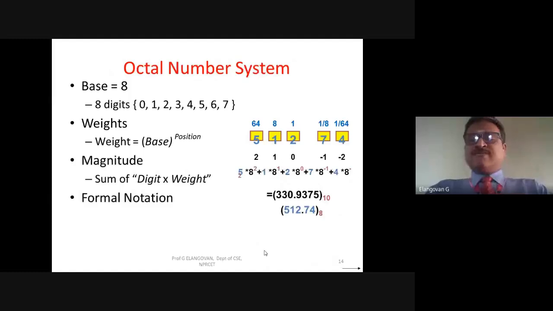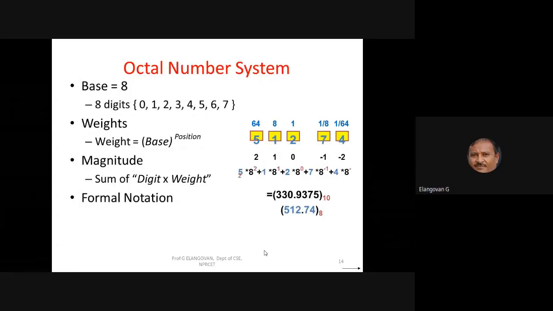For example, we understand the conventional method: 512.74 in the octal method should be represented with the base 8, and its conventional value is 330.9375.